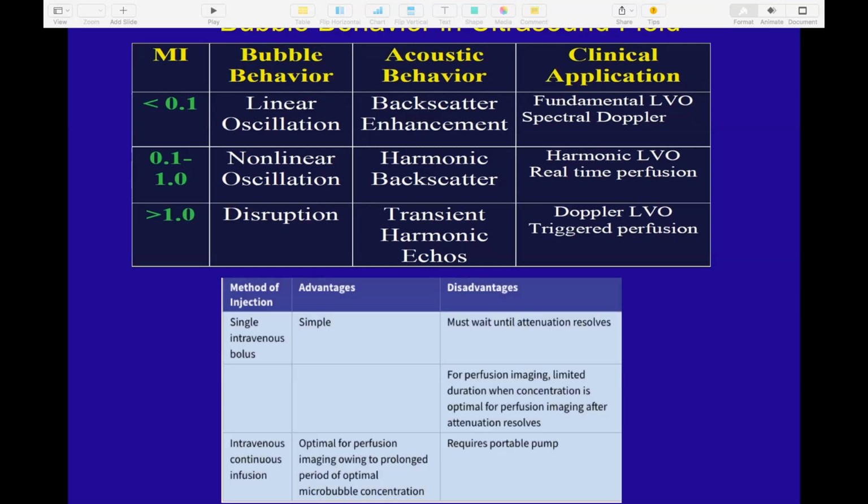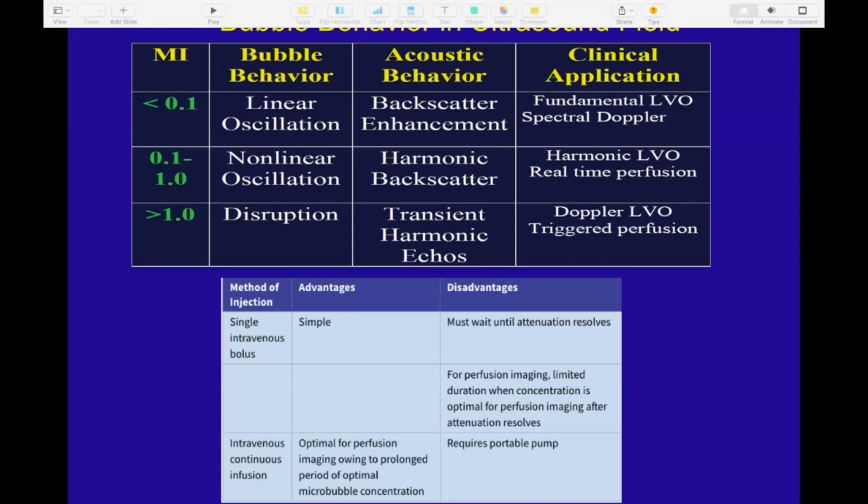So how do we give contrast? We typically can give it as a single intravenous bolus, and this is what I think most of us in our labs do. This is very simple. And depending on the manufacturer, it may need very quick preparation by even just rotating in your hand, like Optison, or you may need a vial mix, as in Definity. But the problem is when you give these boluses, they are not standardized, so you must wait for attenuation to resolve.